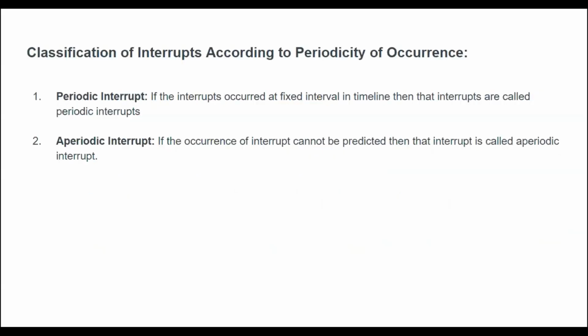And then we have the classification of interrupts according to periodicity of occurrence. First, we have the periodic interrupt. If the interrupts occur at fixed intervals in the timeline, then those interrupts are called periodic interrupts.